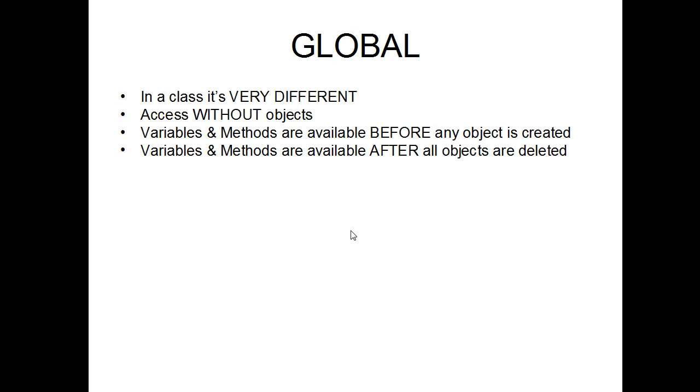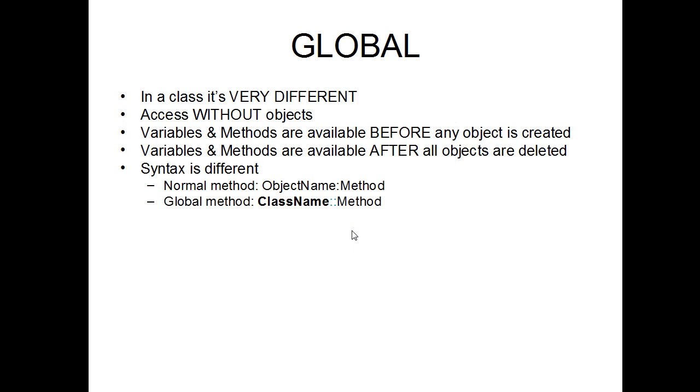To do that, the syntax itself is different. In a normal method, it would be object name colon method, which means that basically you're calling a function that is working on one object. And in a global method, you would say class name colon method, and that's why it's very important to make the difference between an object and a class.